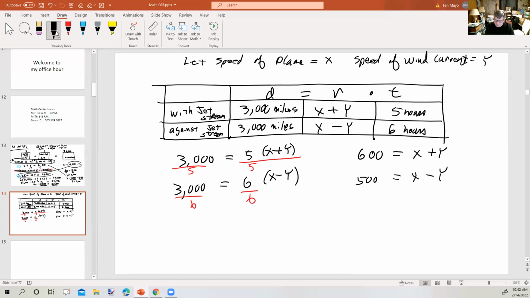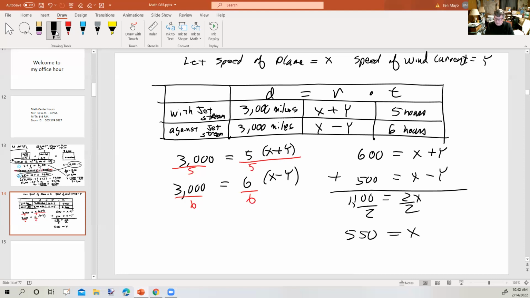Now, the reason I did that is because by dividing the top equation by 5 and the bottom equation by 6, I could get rid of all those extra coefficients. And then adding these together, I'd get 1100 equals 2x. Divide both sides by 2, x equals 550.